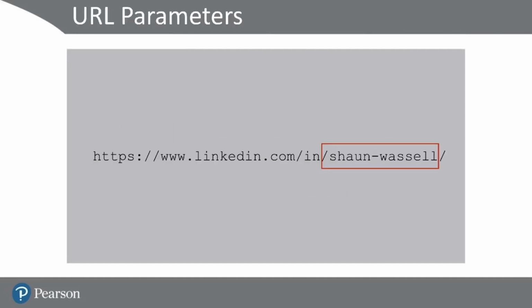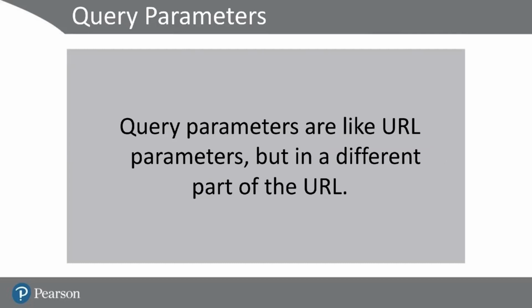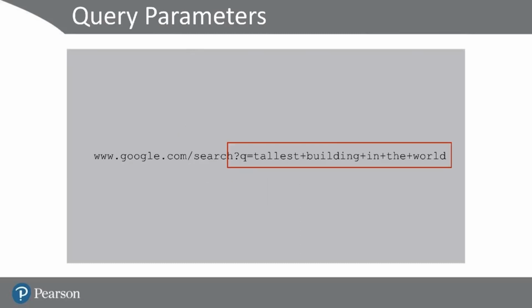So that's URL parameters. Query parameters, on the other hand, are like URL parameters, but instead of being found as segments of the path, they actually come after the path of the route. To show you what that looks like, if you were to do a Google search for tallest building in the world, let's say, the URL that you would see up at the top would look something like this.